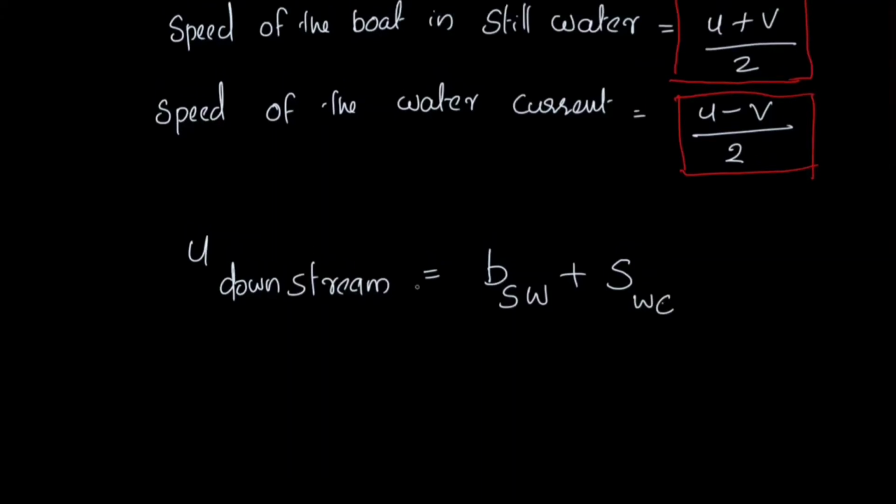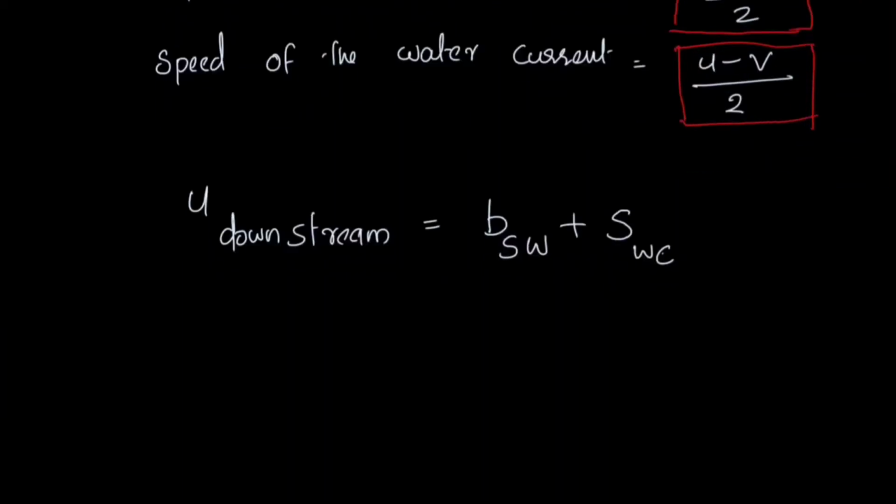So downstream means the speed of the boat in still water is aided by the speed of the water current, and that is u.